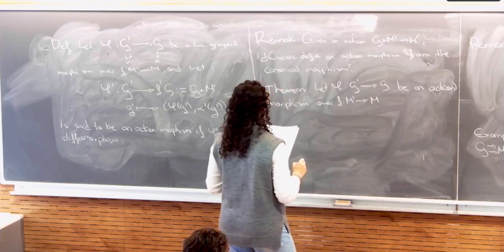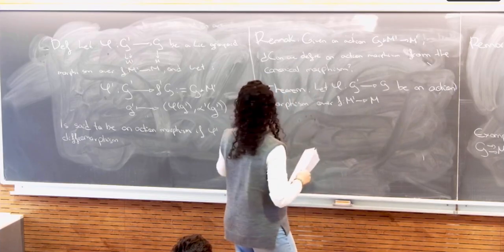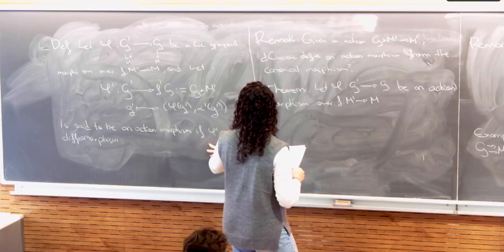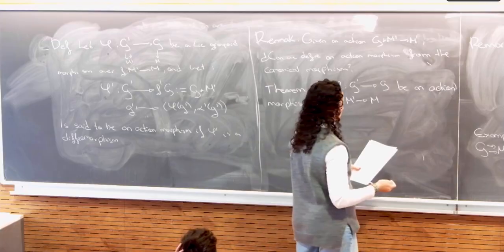Since this being an action morphism implies that phi prime is a diffeomorphism, we can consider the inverse of phi prime.